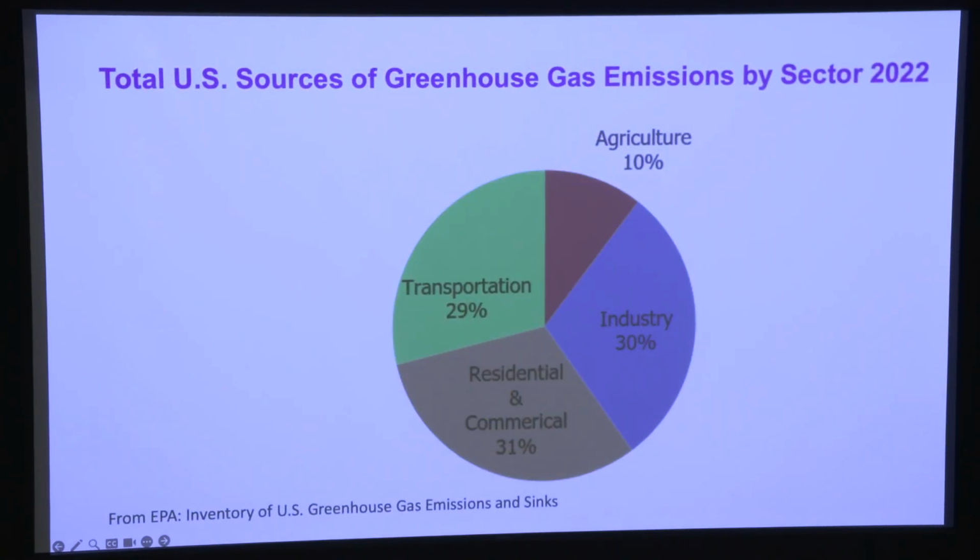So this is a more recent chart. It says that the total emissions in 2022 are 6 billion metric tons equivalent. And again, you can see where the sources of greenhouse gases are coming from, again, commercial, residential, industrial sectors, increasing substantially when these indirect emissions from electricity end use are included.